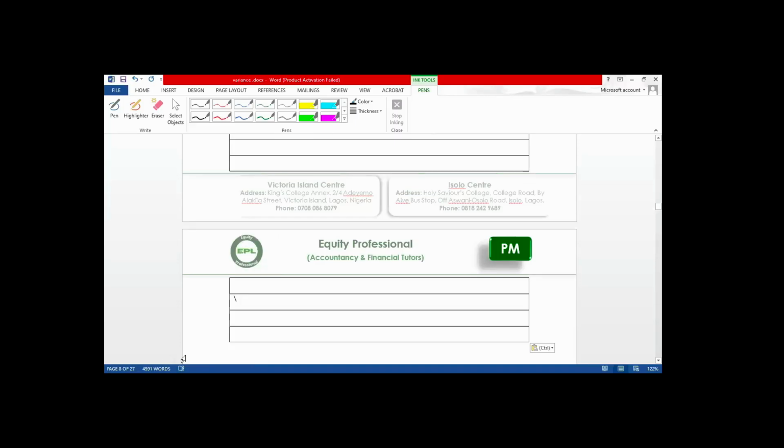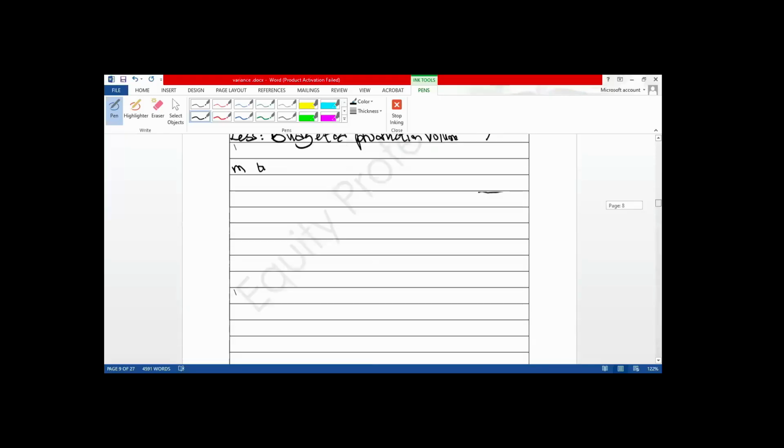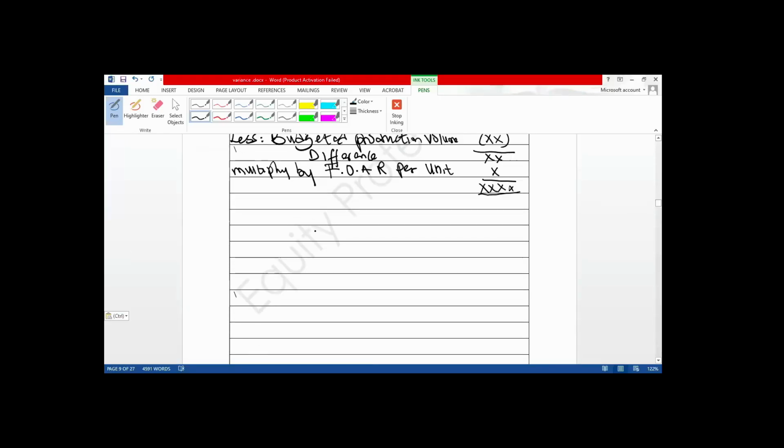Our next explanation is sales variance. Remember your variance can either be favorable, represented by letter F, or adverse, represented by letter A, or you can have zero.